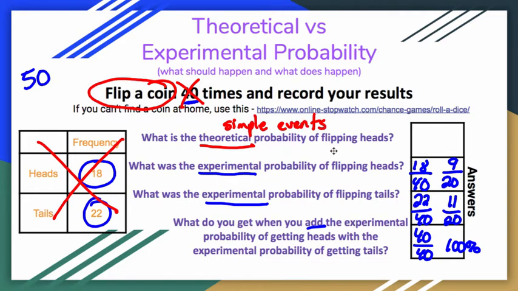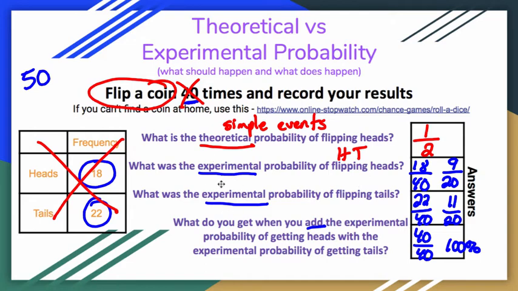What's the probability of getting what I want? Well, if I'm flipping a coin and I want to get heads, how many ways are there to flip heads on a coin? One. How many different things could I flip on a coin? Well, I can really just get heads or tails, so that's 2. My theoretical probability is 1/2, meaning I'm expecting half of the time to get heads and half of the time to get tails. That's how a coin works.